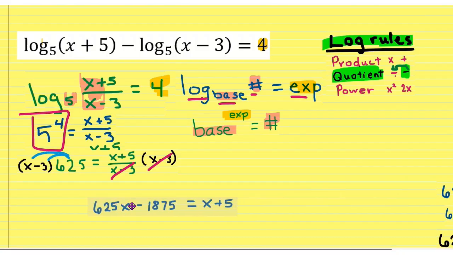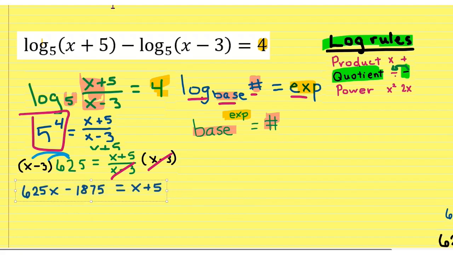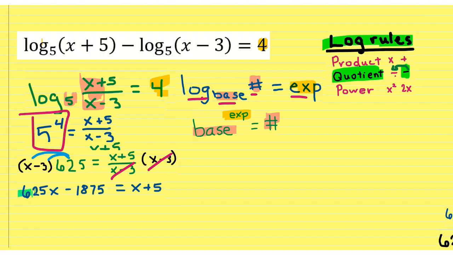When I do that, I end up with 625x minus 875. 875 is 3 times 625. And over here, I was just left with x plus 5.